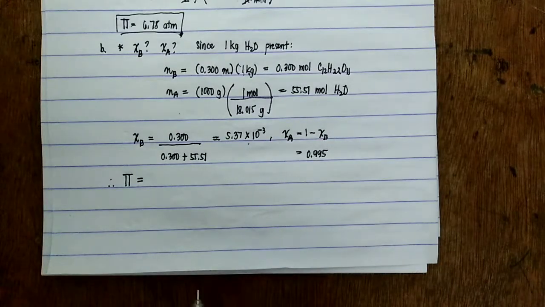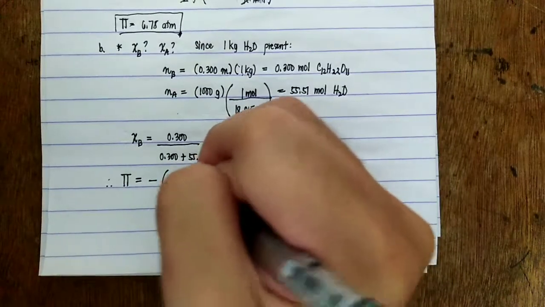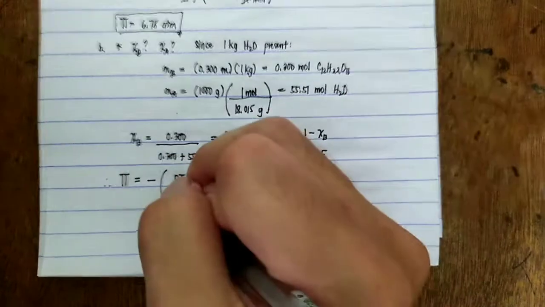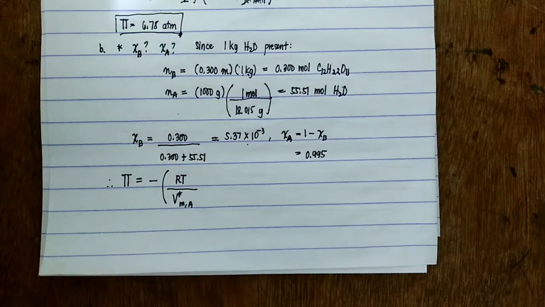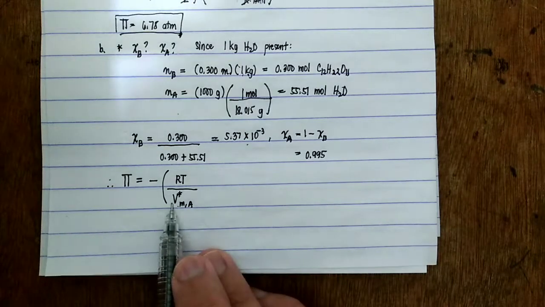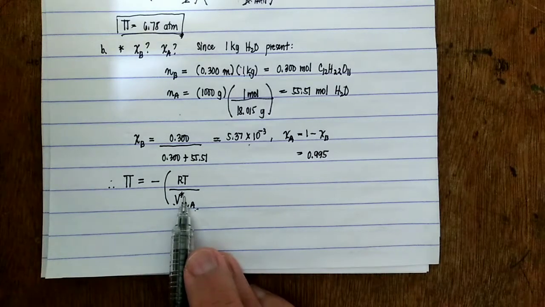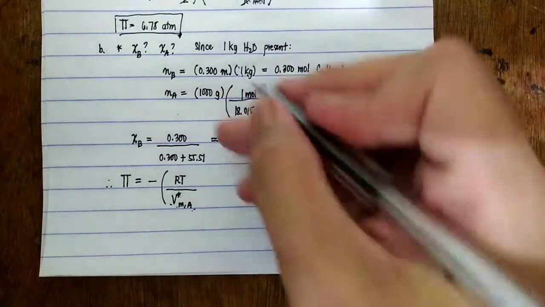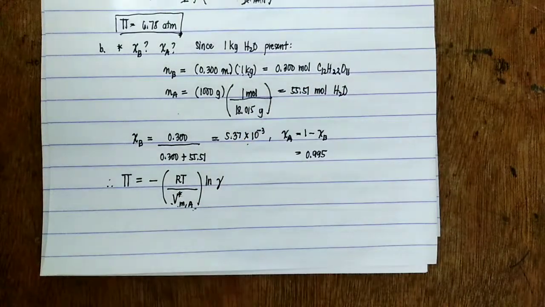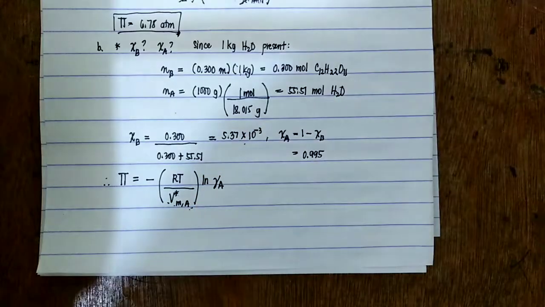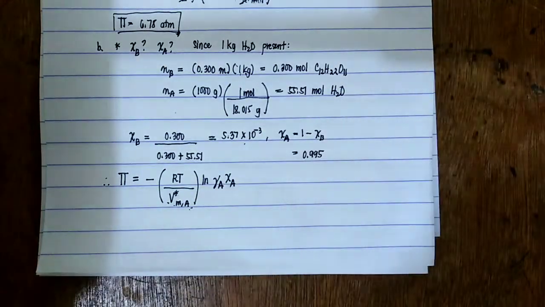Pi, or the osmotic pressure, is also equal to the negative of the gas constant R times T all over V asterisk MA. V asterisk MA stands for the molar volume of our solvent A when it is pure. The asterisk stands for a pure substance. Times Ln, the activity coefficient of our solvent A, times the mole fraction of our solvent A.